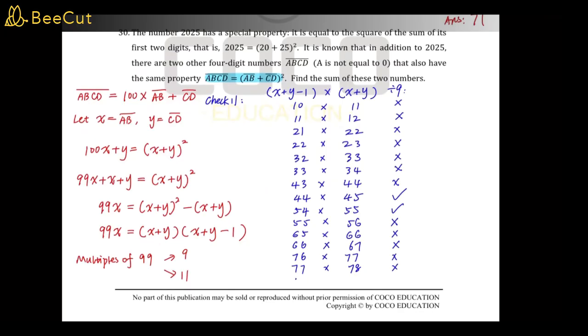Next, 87 and 88, 88 and 89. These are not divisible by 9. If it's 98 and 99, this is divisible by 9. Now it cannot be 99 and 100 because X plus Y cannot be more than 100. So we have found the values.